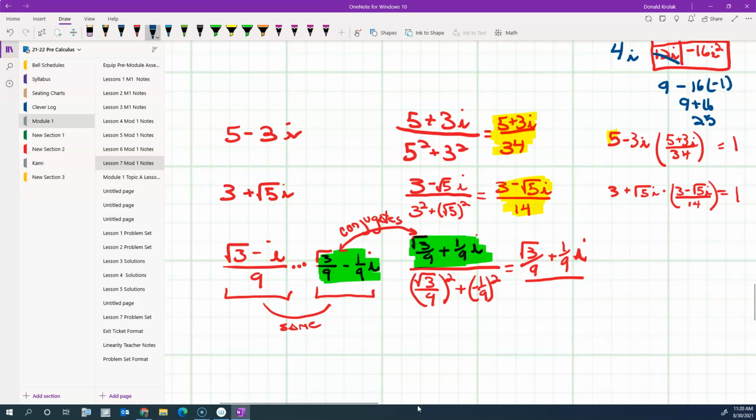Let's see. That's going to be 3 over 81 plus 1 over 81, so that gives me 4 over 81.